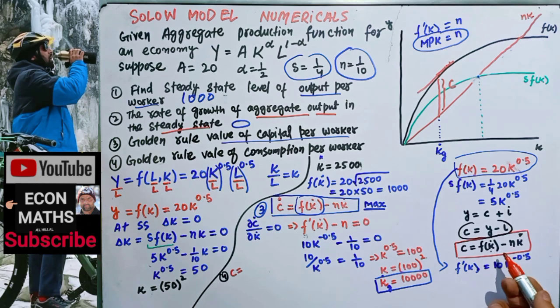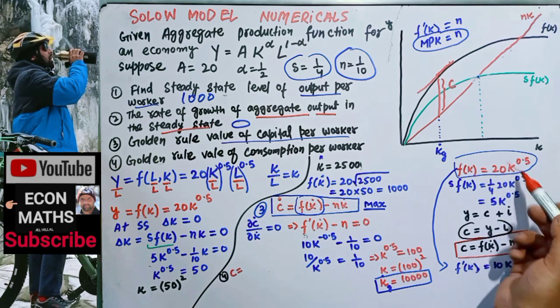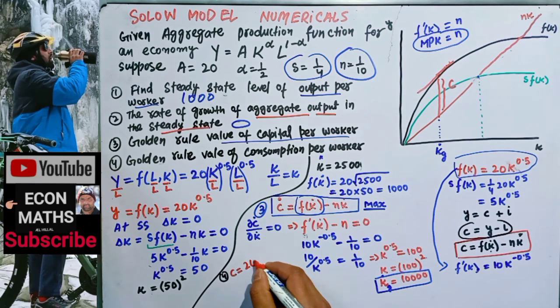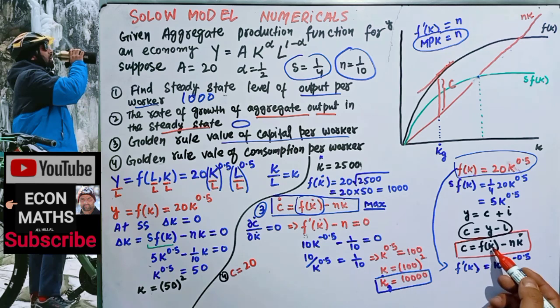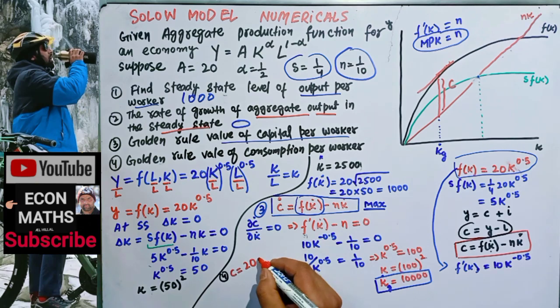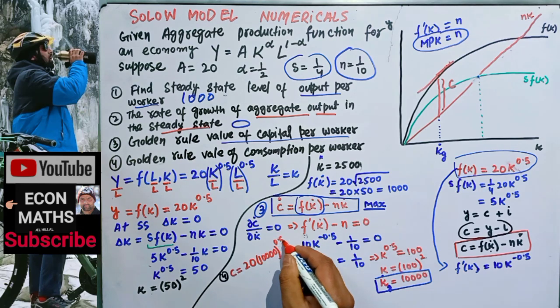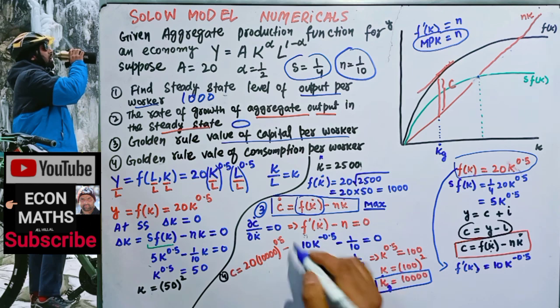So f(k) is this function, so we have 20, and corresponding to this golden value of capital per worker we have 10,000, raised to the power 0.5, minus nk, where n is population growth.